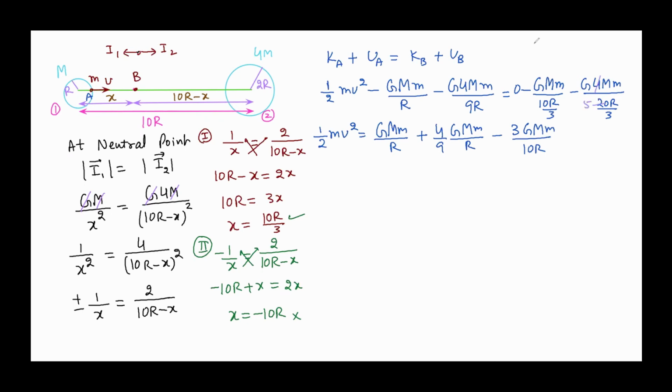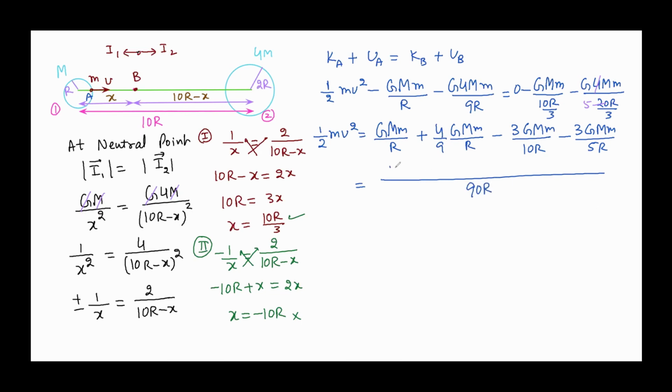I am left with 5. So you take 3 in the numerator, minus 3 GMm upon 5r. You can take the LCM. If I take the LCM, it comes out to be 90r.